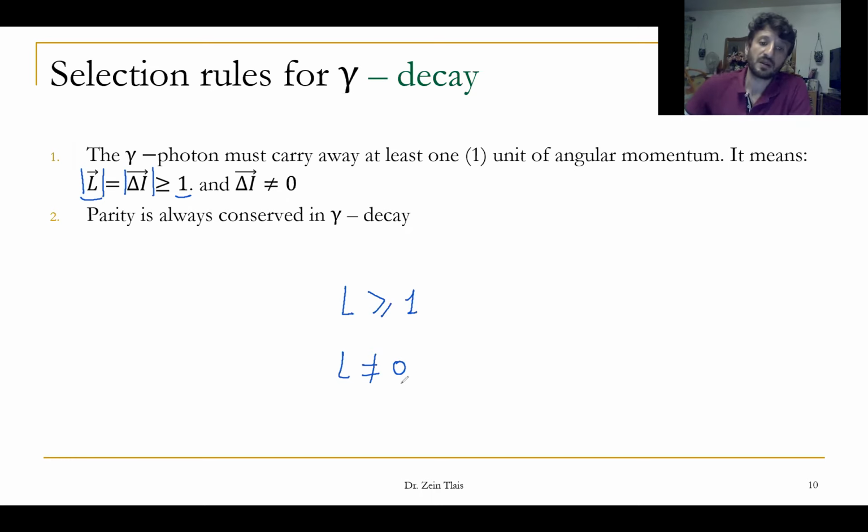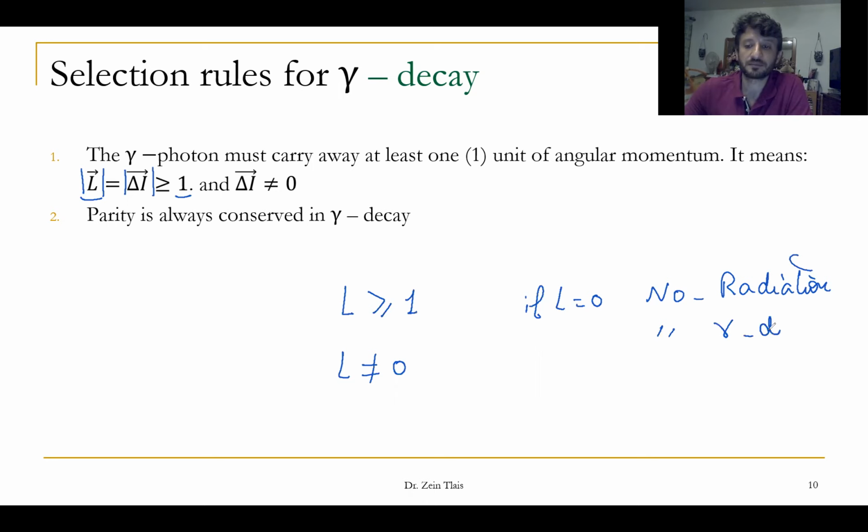If L equals 0, we can say no radiation, no gamma decay. So L must be equal to 1 or greater than 1. This is a condition.